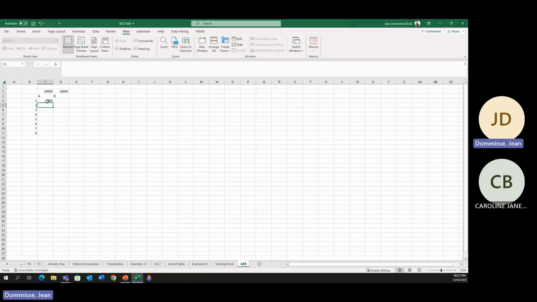A seemed to be a consistent 2,000 a year, and B was a bit different, so there were a few payments of 1,000, then 2 payments of 1,500, 1 payment of 2,500, and a last payment of 3,500.